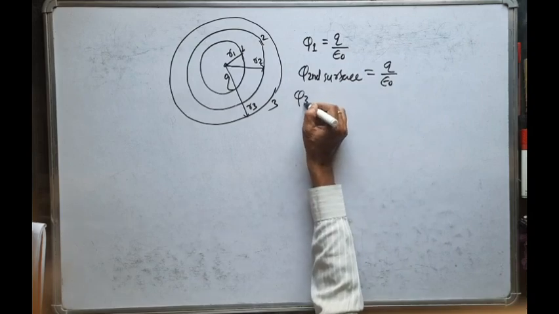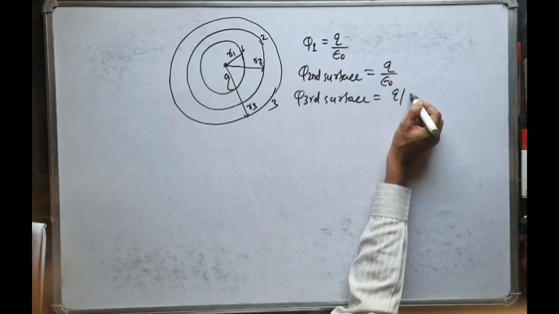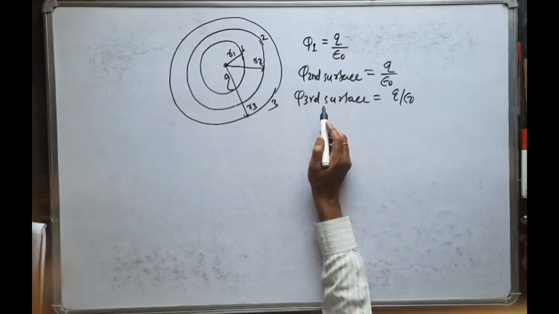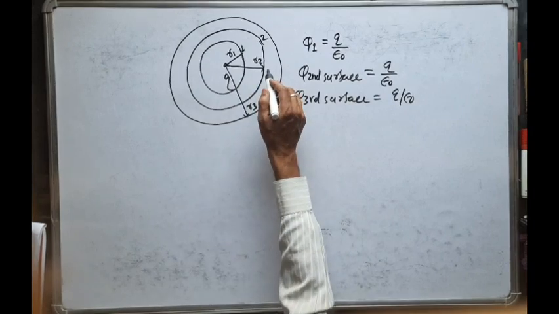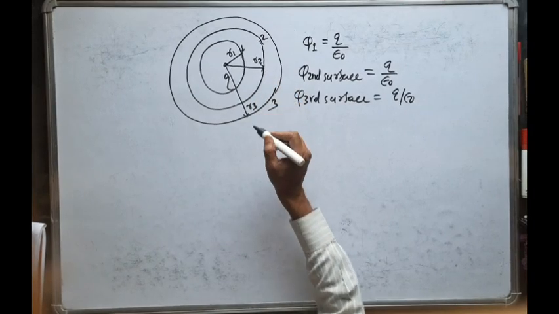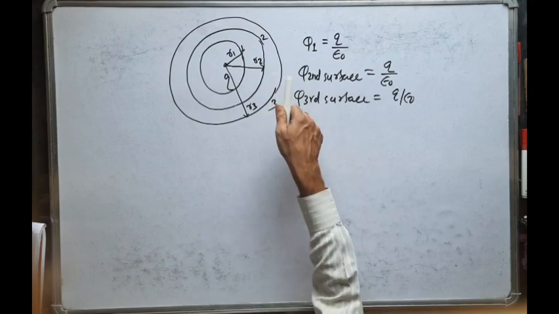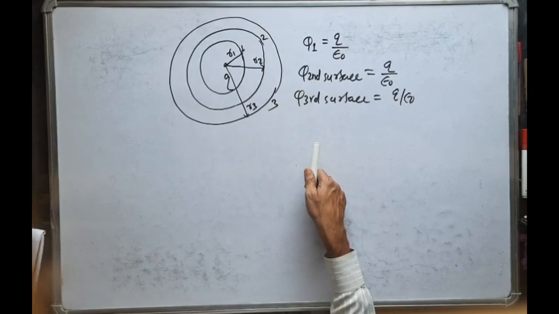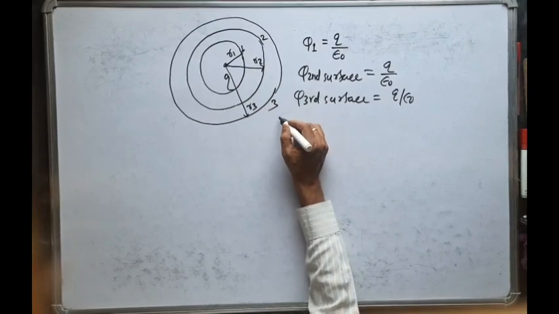So the flux through the third surface is also q by epsilon naught. That means the flux does not depend upon the radius, or you can say the flux does not depend upon the surface.